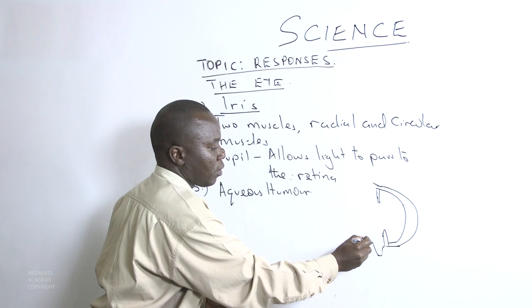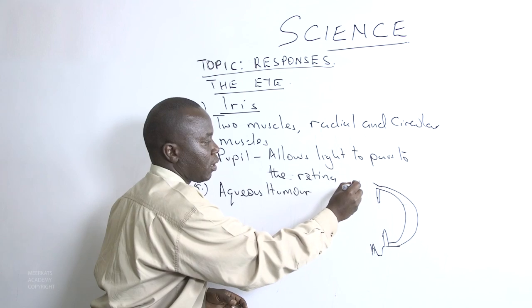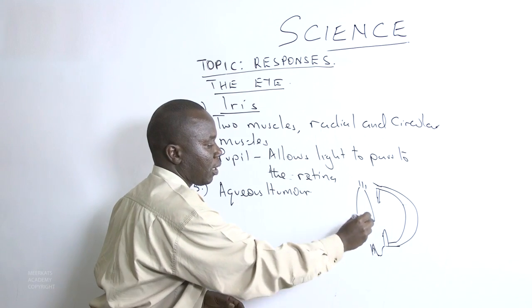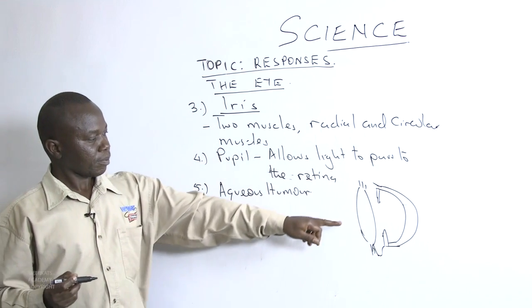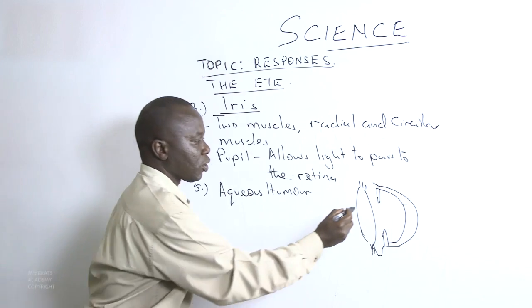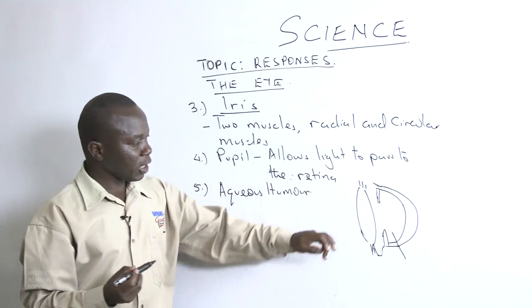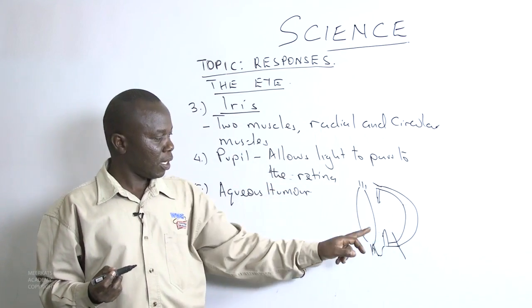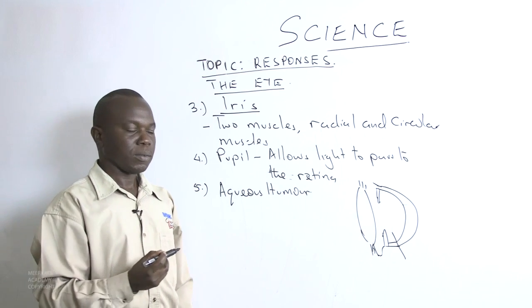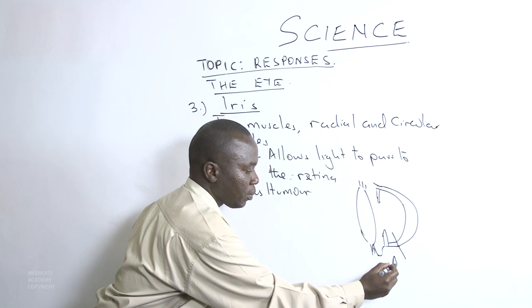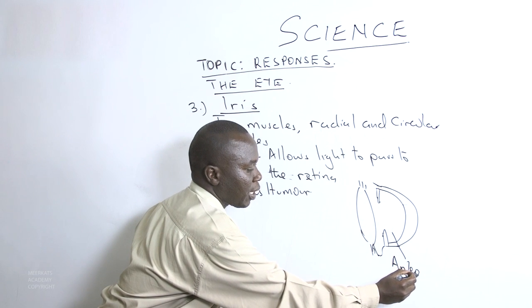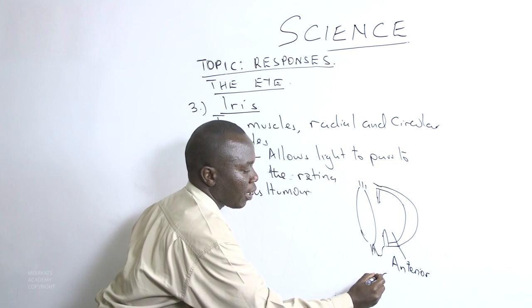But now we have those suspensory ligaments and the lens. So that area or space found between the cornea and the lens, we gave it a name. We said it's called anterior chamber.